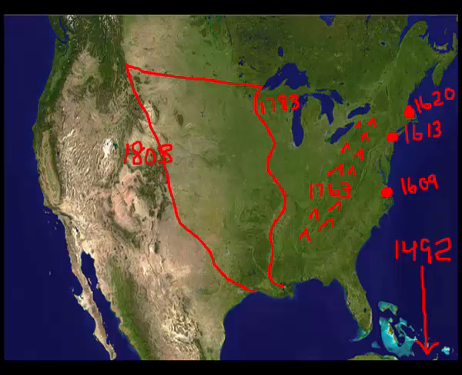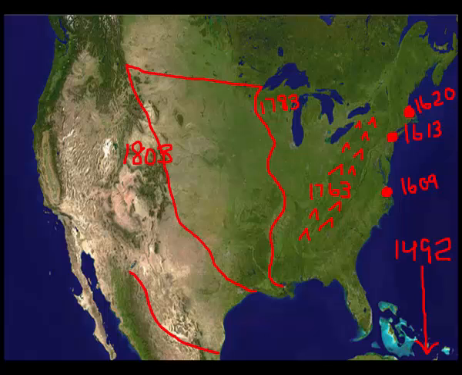Long story short, we did end up getting the Louisiana Territory. It doubled the size of the United States at the time, and it made the western border of the United States the Rocky Mountains.